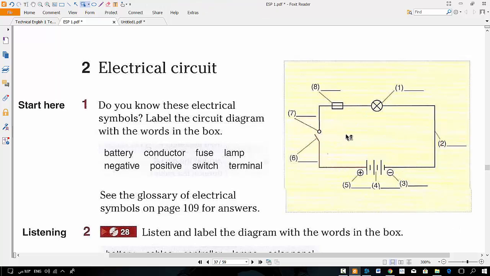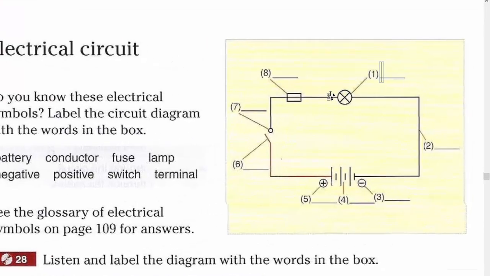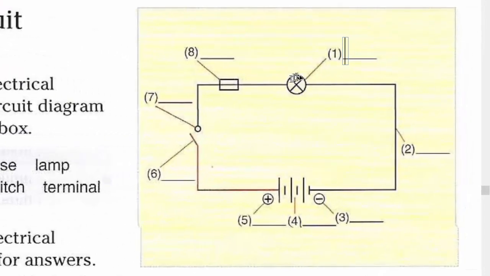Now look at the picture. Look at these symbols. Number 1. What's this? This is the symbol for what? Lamp. Number 2. This line.